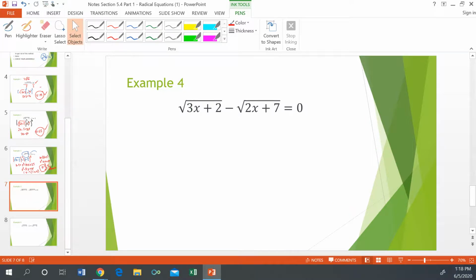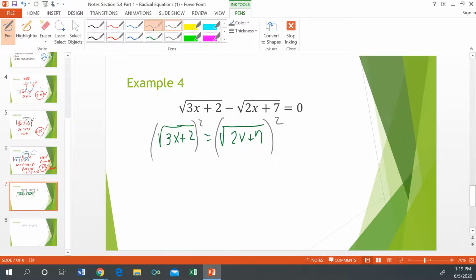Okay, we have radicals. It's nice because it's equal to 0. What I would do is put each radical on one side. So basically add the square root of 2x plus 7, then square both sides.